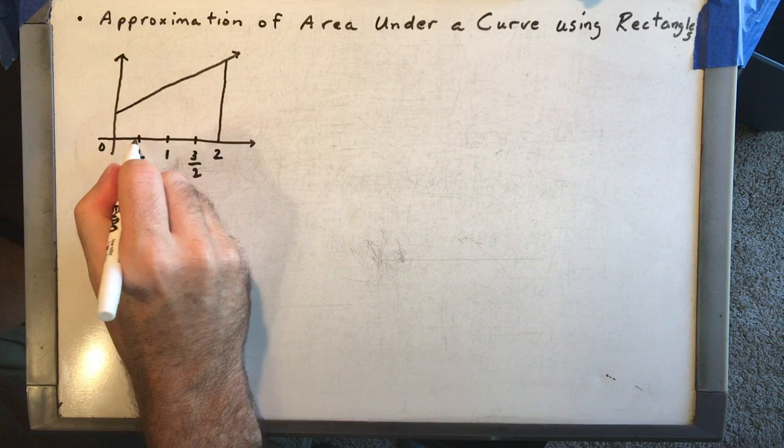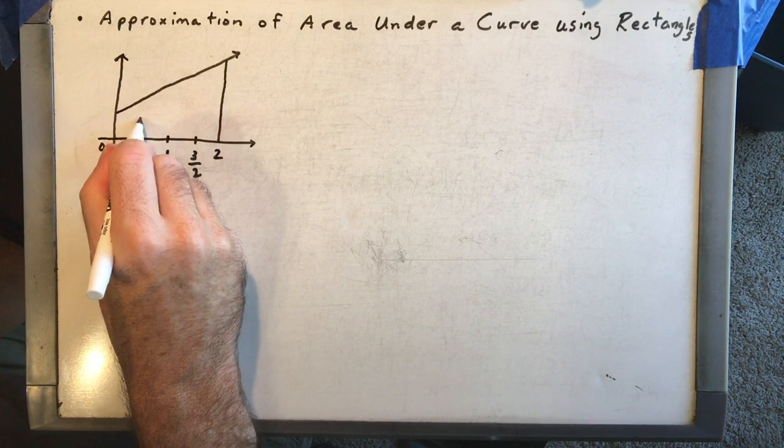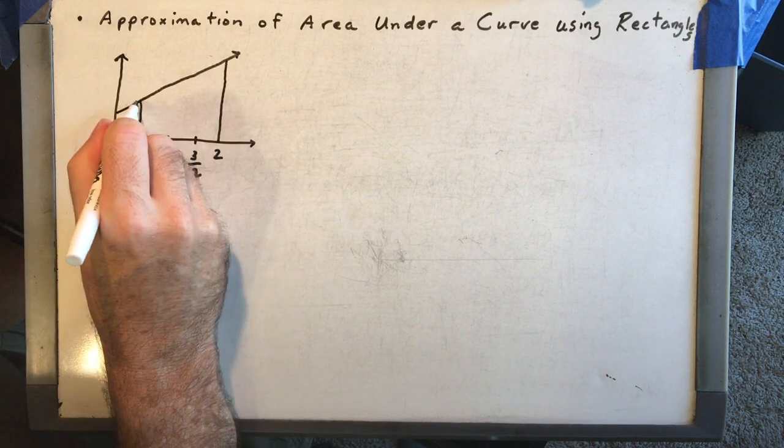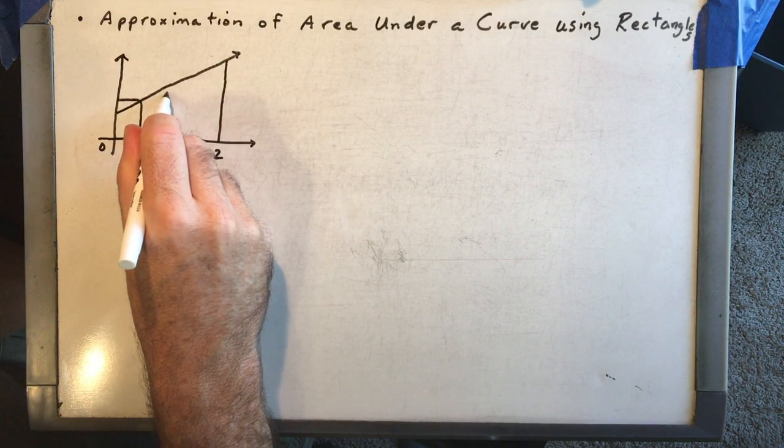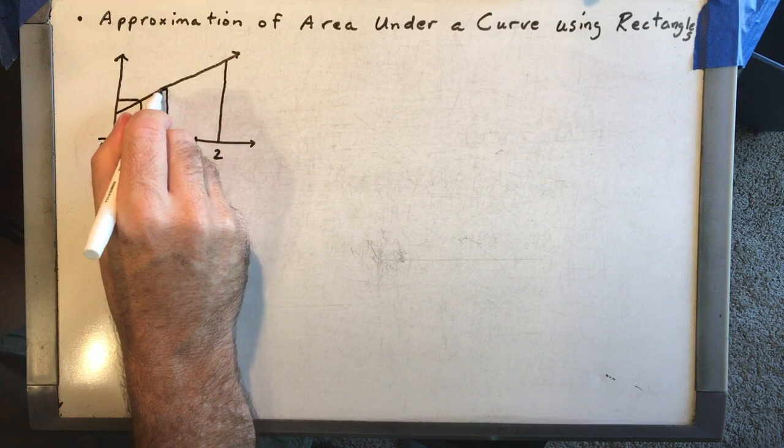All right, and when you do the upper sum, what you do is you draw the rectangle starting at the right, and you get an overestimate. All right, draw it up here till you hit the line, and then over.